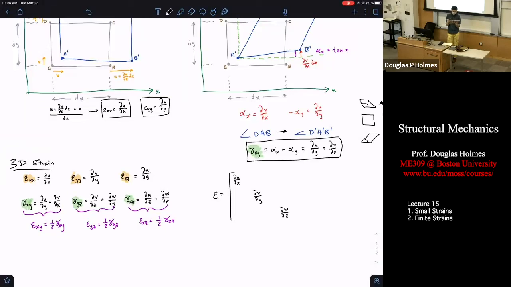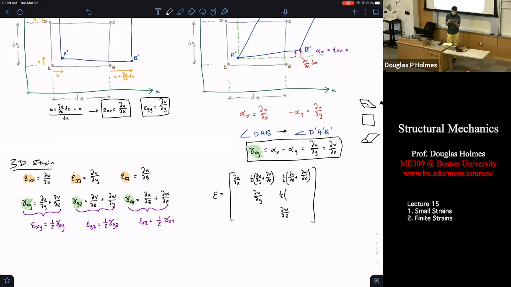So those are my normal strains. And my shear strains look like 1/2 du dy plus dv dx, and 1/2 du dz plus dw dx.